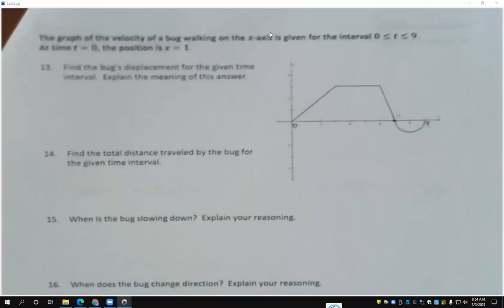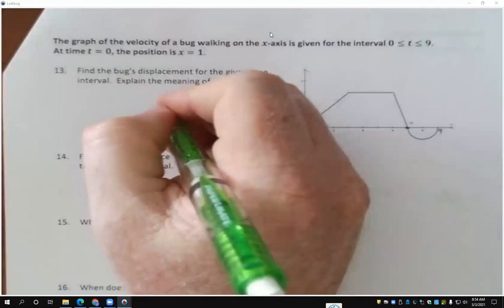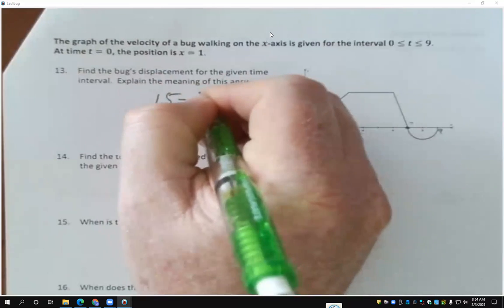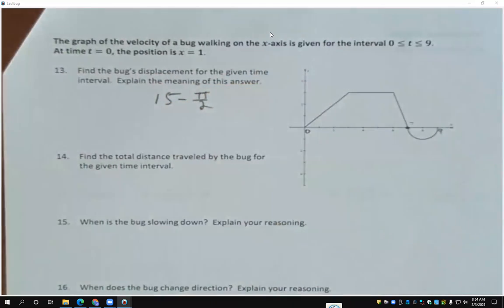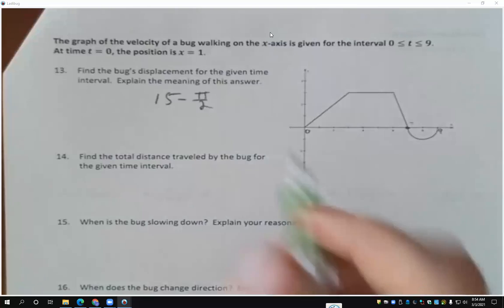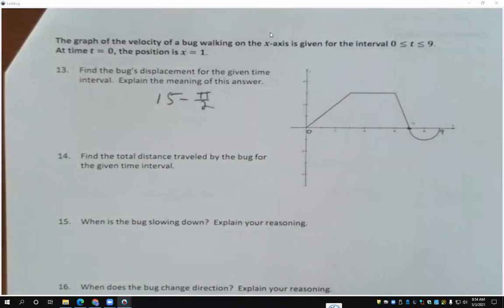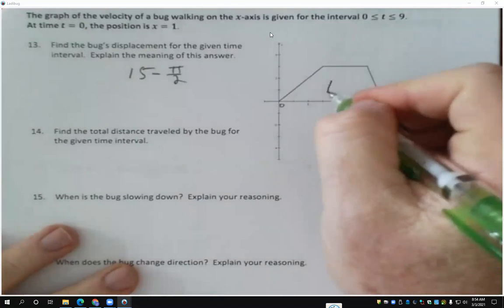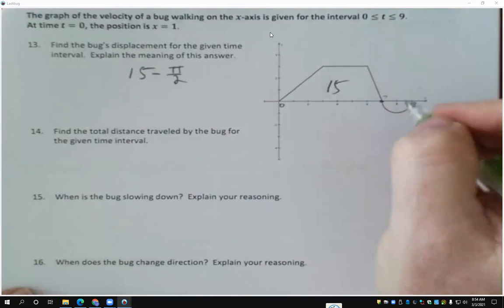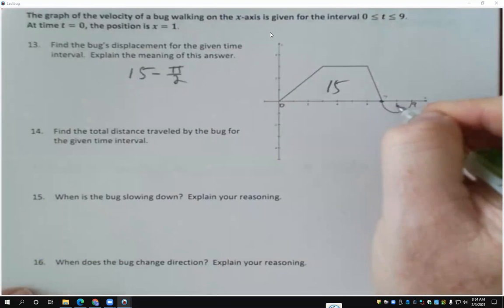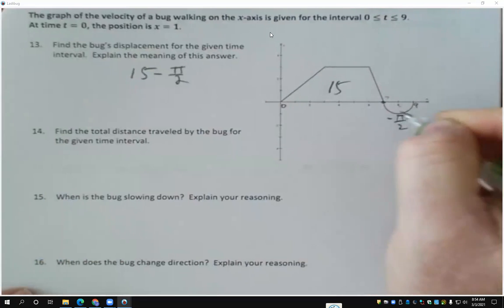Way back up in number 13, we found this to be 15 minus pi over 2. That's actually, I don't even need that answer. I know this is 15, and I know this is negative pi over 2 down here. The area of this semicircle is pi over 2. It's negative.